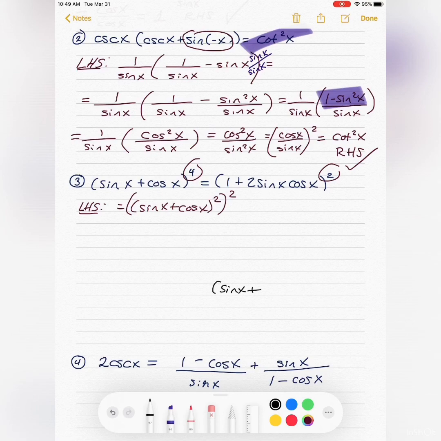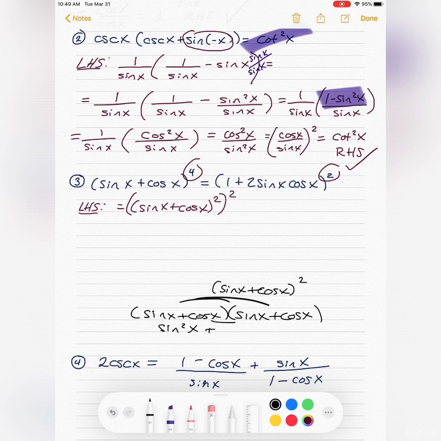So what is sine x plus cosine x squared? Well, that's sine x plus cosine x times itself, right? FOIL. So what is that? It's a sine squared. Let's see, then 2 sine x cosine x, and then plus a cosine squared.